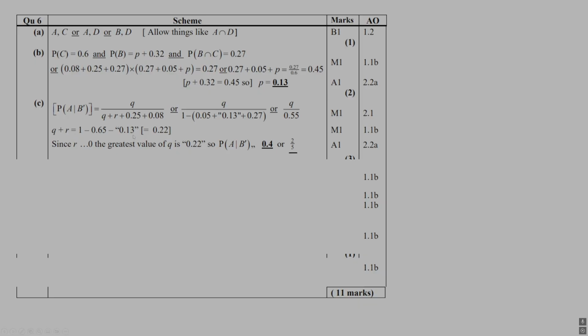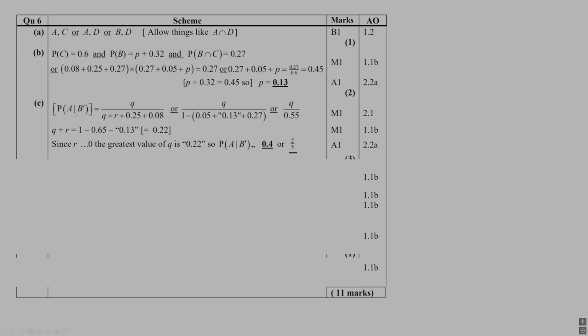So you have to say that P of A given not in B is you take all the things that are in A and then put it over all the things that are in A and not in B. Sorry, I might be confusing myself. I haven't done probability in a long while.